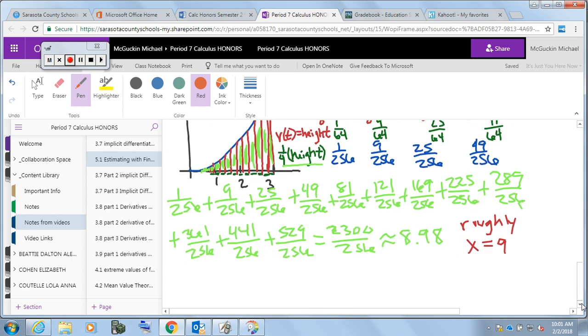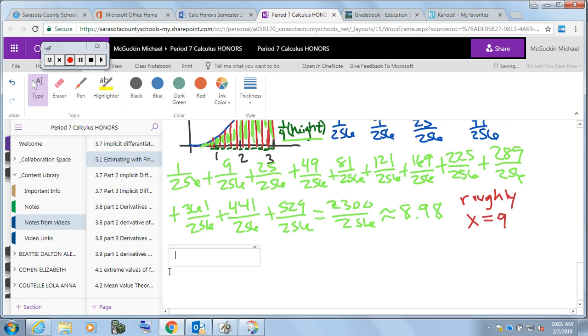So for example, if you are given something that says, in this case, MRAM, okay? MRAM stands for the midpoint rectangle approximation method.